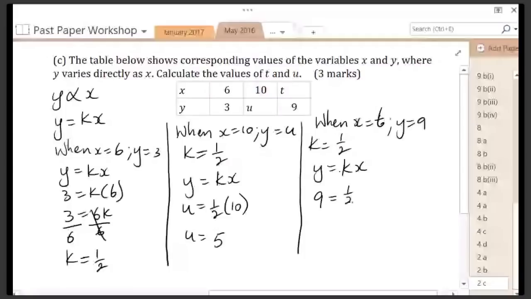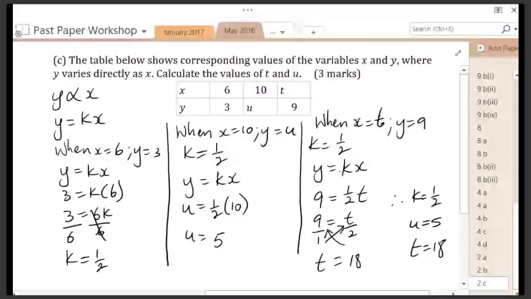This is 9 is equal to t over 2, and put this over 1, and I'm going to cross multiply here. So 1 multiplied by t is t, 2 multiplied by 9 is 18. So therefore, k is equal to a half, u is equal to 5, and t is equal to 18. All right, and that's the answers.